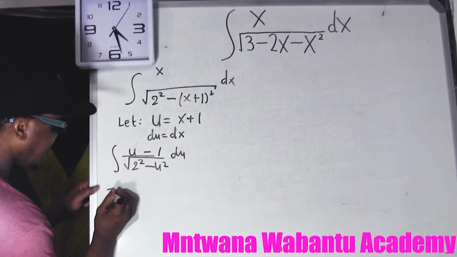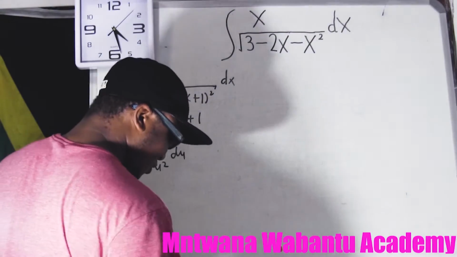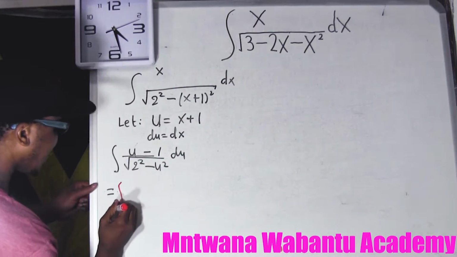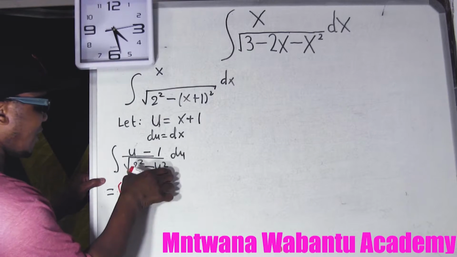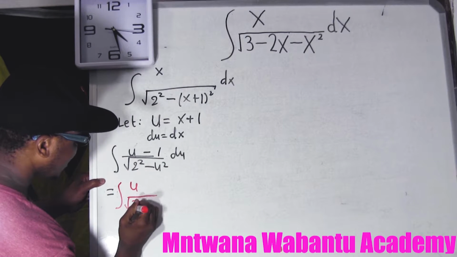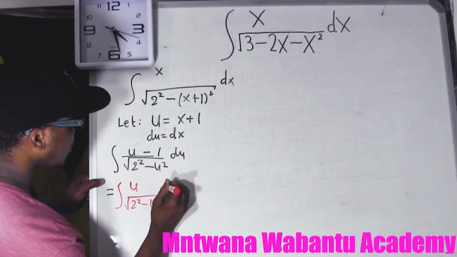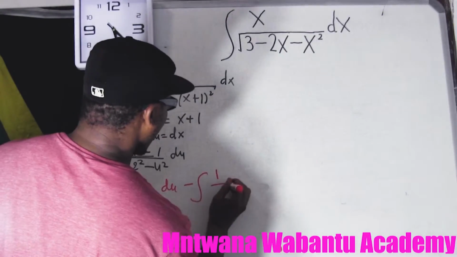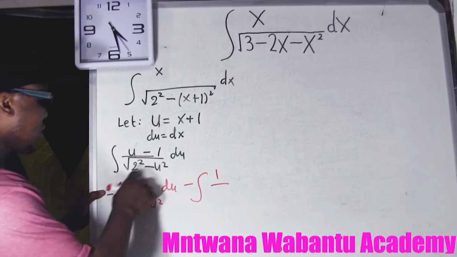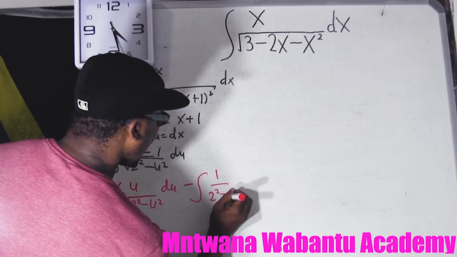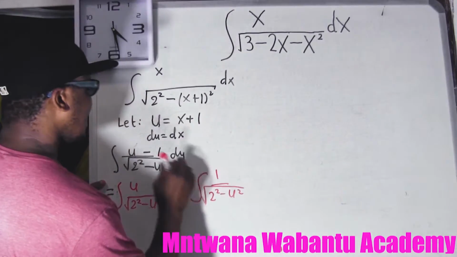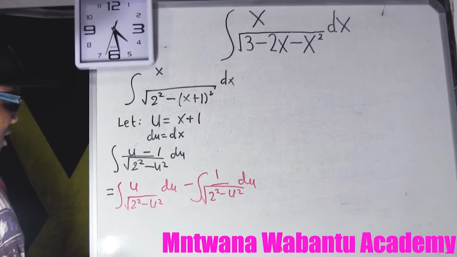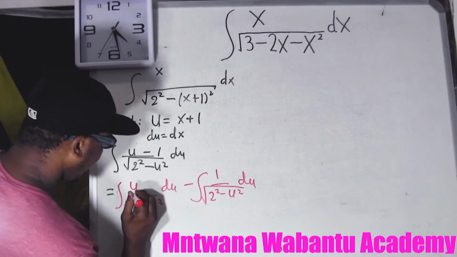It's as simple as saying the integral of u over the square root of 2 squared minus u squared du, minus the integral of 1 over the square root of 2 squared minus u squared du. So I have to solve these separately, okay?